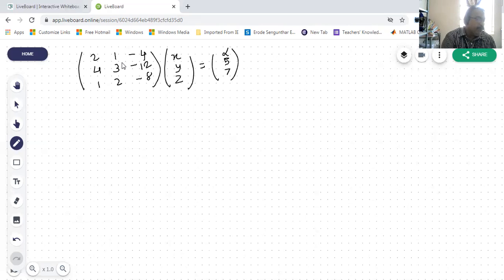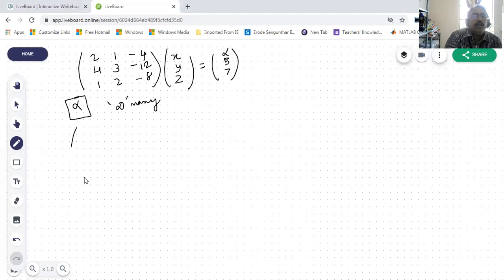Okay, so for how many values of alpha does the system of equations have infinitely many solutions? The question is, for what value of alpha does it have infinitely many solutions.